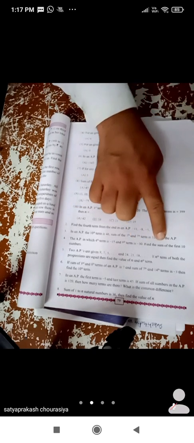Read the next question. Question number 4. The AP in which fourth term is minus 15 and the ninth term is minus 30. Find the sum of the first 10 numbers.